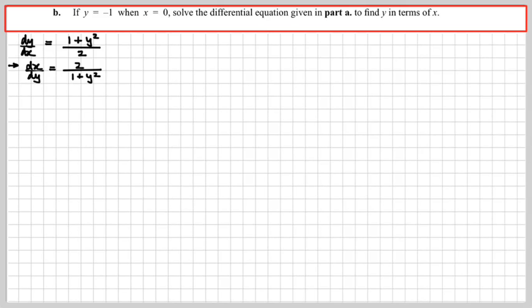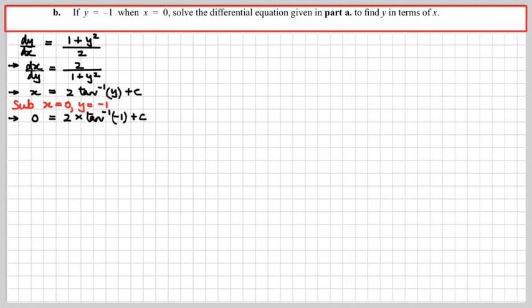How are we going to do the integral of that thing? Yep, inverse tan's the man, that's the one. So we get x equals 2 times inverse tan of y, plus c. Now we better put our boundary conditions in. Looks like x is 0 when y is minus 1. So let's put that in, okay? Now what do you know? What is the angle which has a tangent of minus 1?